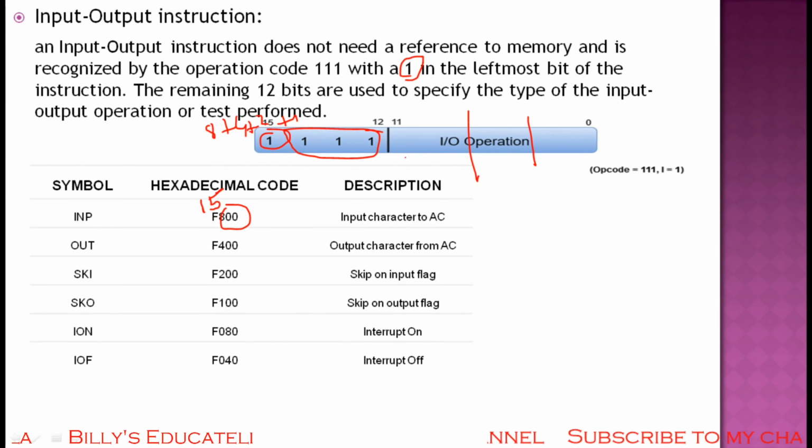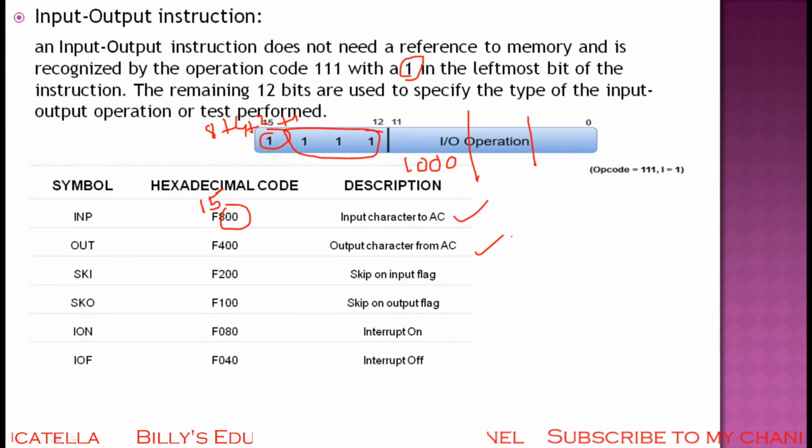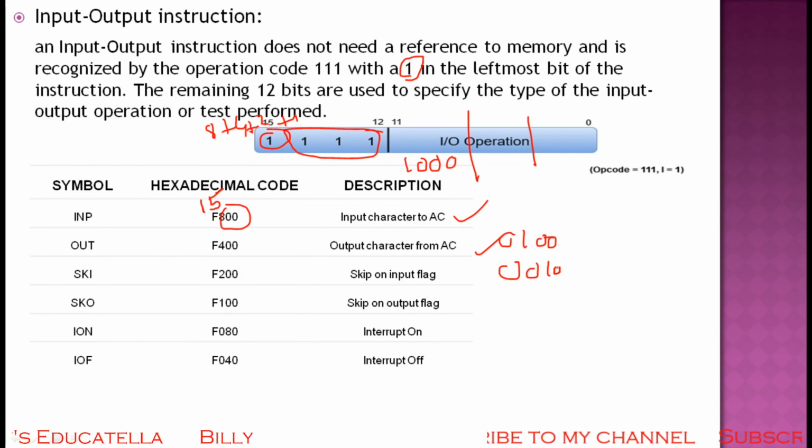First, 800 means 1 0 0 0. So when the value is F800, it is input character to AC. Similarly, output character when the bit value is 0 1 0 0, and here the value is 0 0 1 0, and skip if 0 means 0 0 0 1.